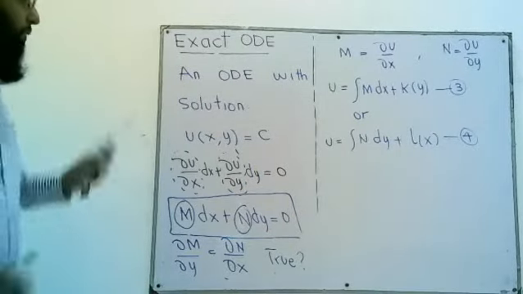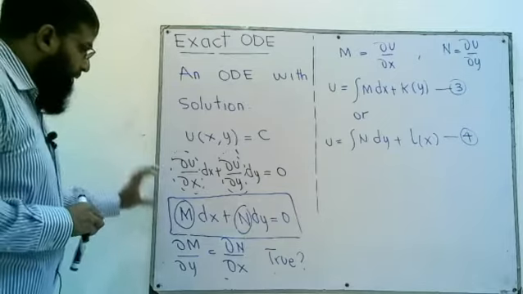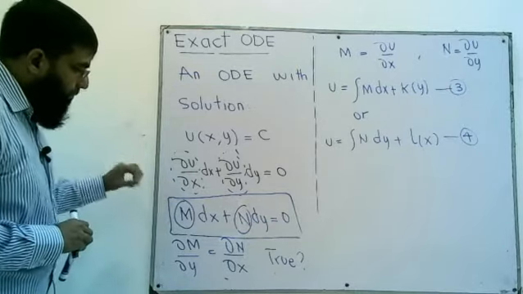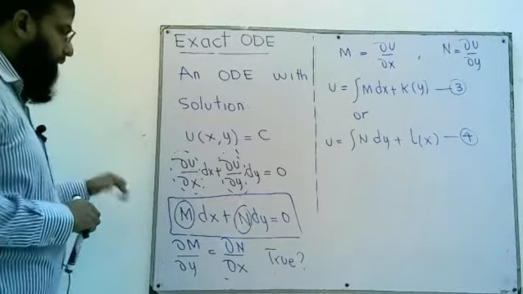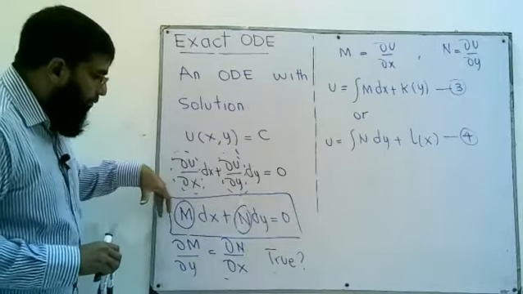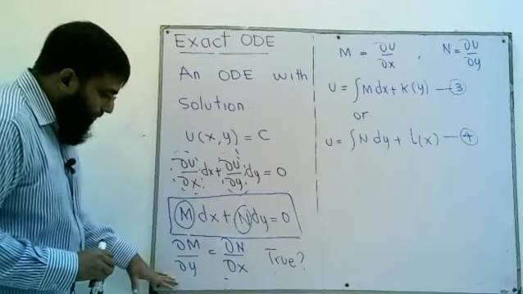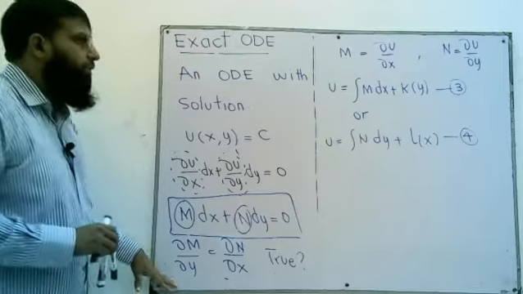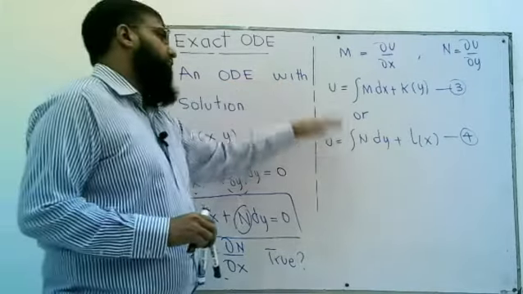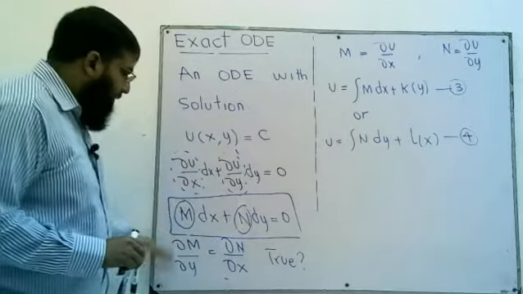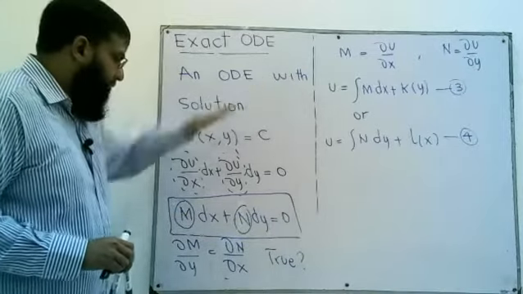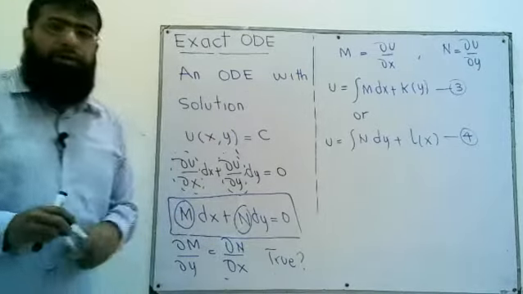So given this basic information, what the appearance of an exact type of ODE is, how you would check the necessary and sufficient condition, and what your solution would be, now we are ready to solve an example.